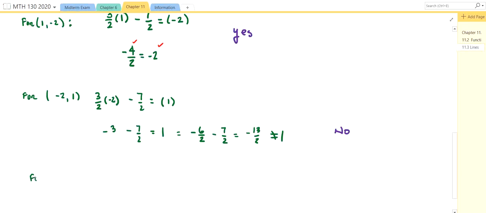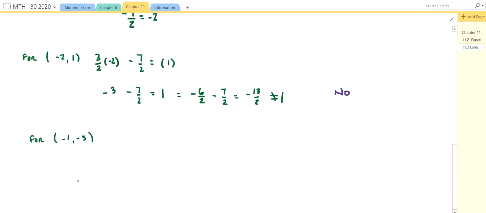Okay, let's just do one more here, the last one. Minus 1, minus 5. So we've got 3 halves times minus 1 minus 7 halves equals minus 5.